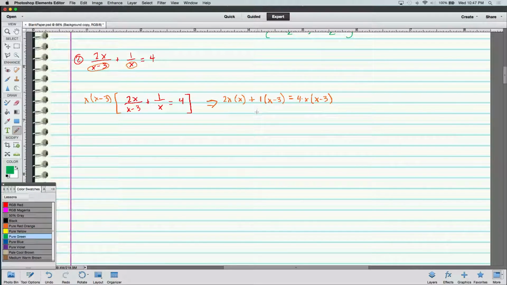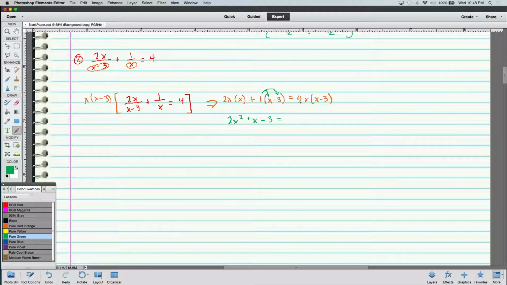Now we just need to simplify. 2x times x, 2x squared. Here we're just going to distribute that 1. So we'll have x minus 3. And on the right side we have a 4x on the outside.